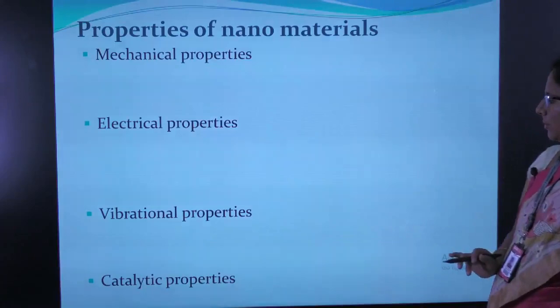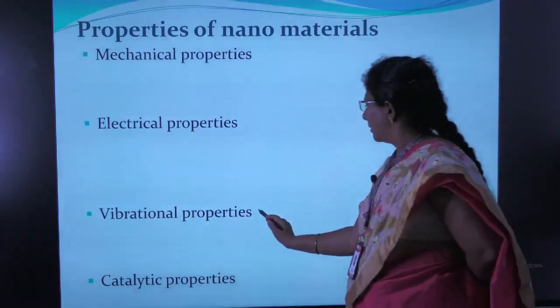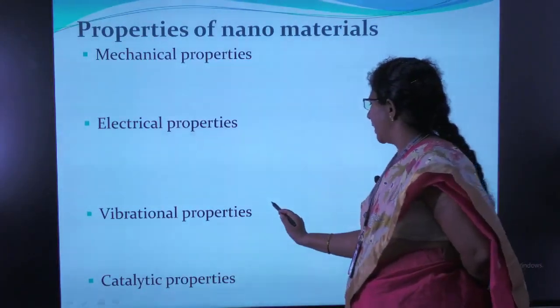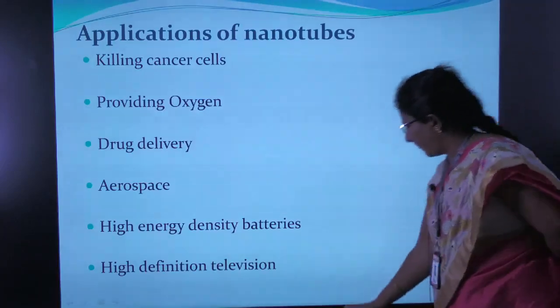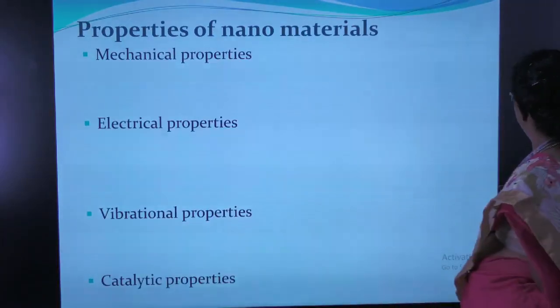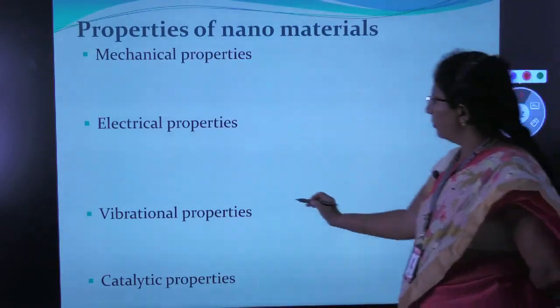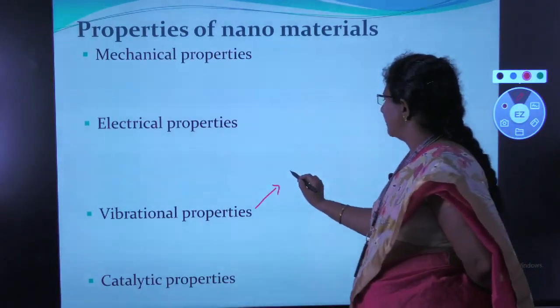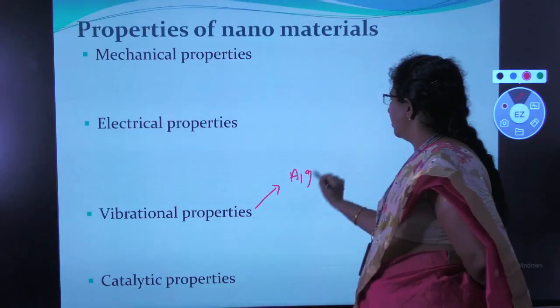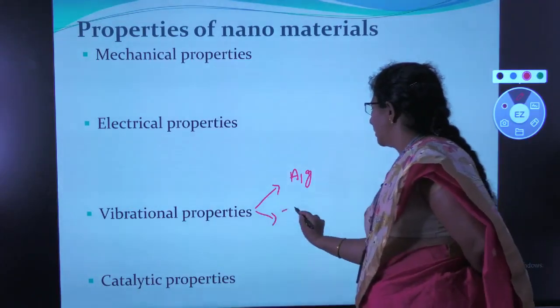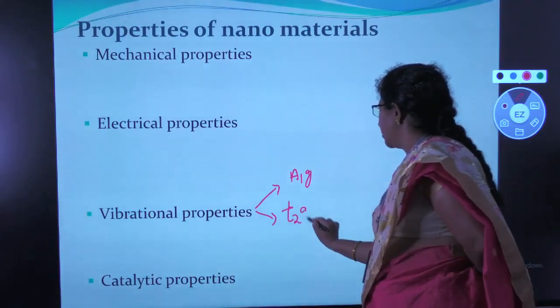Next, vibrational properties. The carbon atoms in the carbon nanotubes are capable of moving to and fro. As a result, two modes of vibrations are possible: A1G mode and T2G mode.